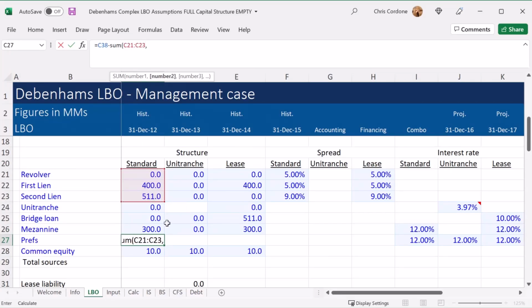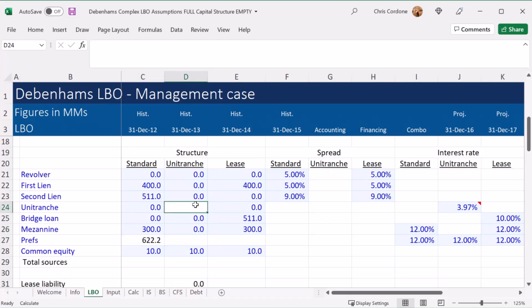And in this case, I don't really want to include the bridge loan or the unitranche because that's not really part of the standard structure, as well as the common equity. So I'm basically netting all of the other financing from my total uses, and that's going to tell me how much I need to raise in the pref.